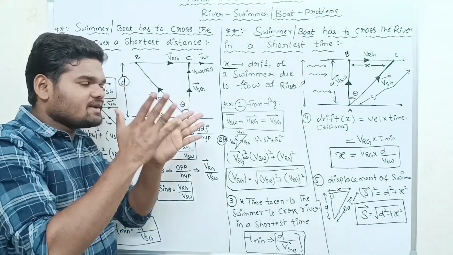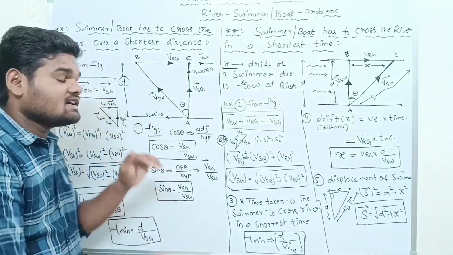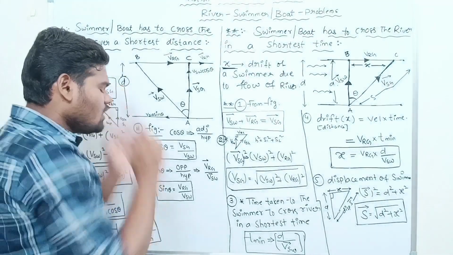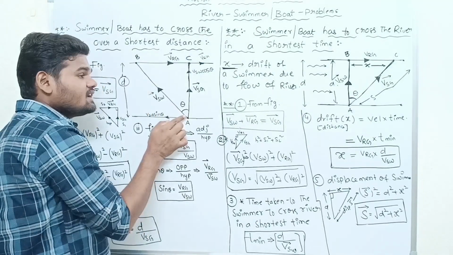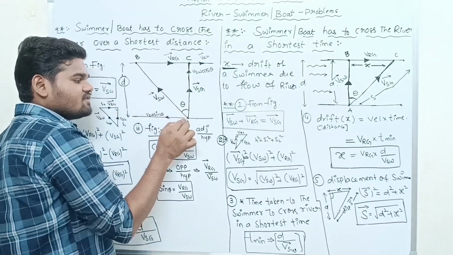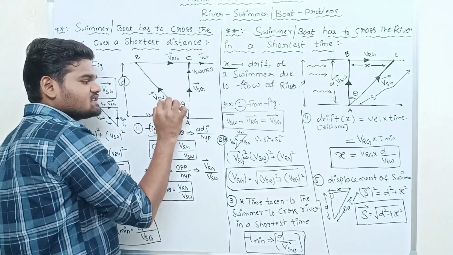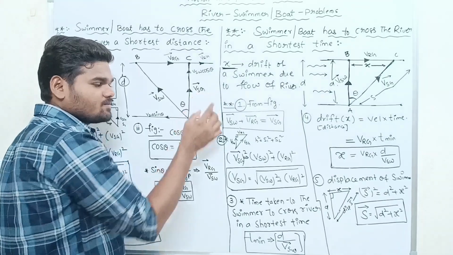Only one thing you should remember in your mind: whenever the person has to cross the river over the shortest distance, if you see the words shortest distance, take the path of the swimmer in this direction, and the velocity of swimmer in this direction is velocity of swimmer with respect to water, and this is velocity of swimmer with respect to ground.